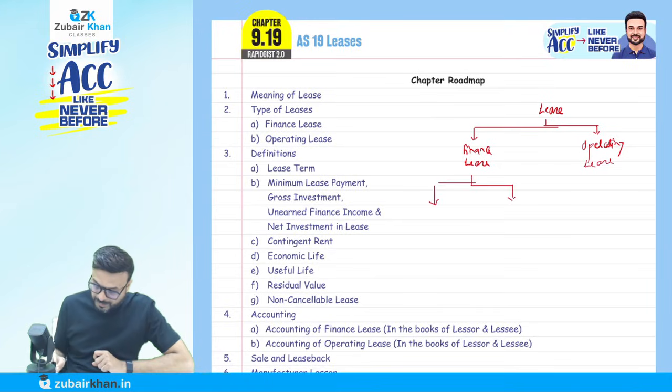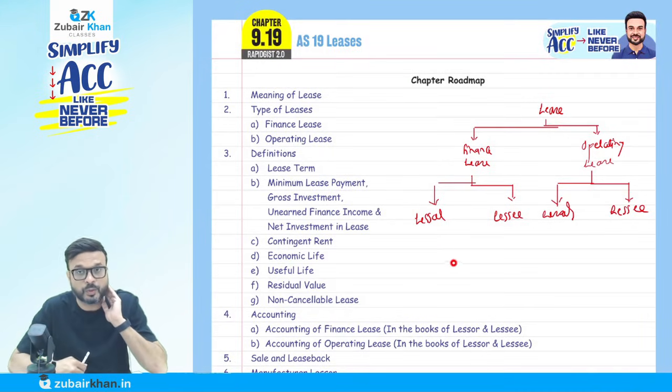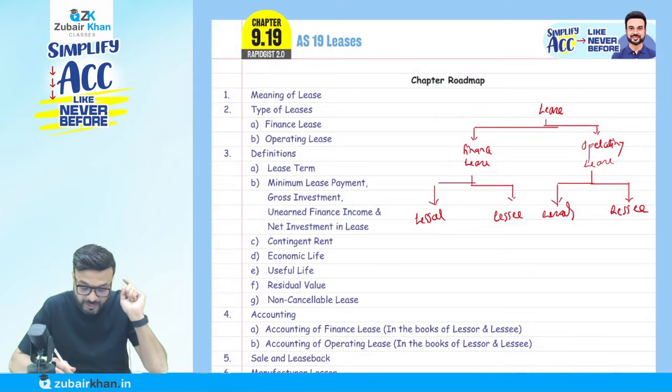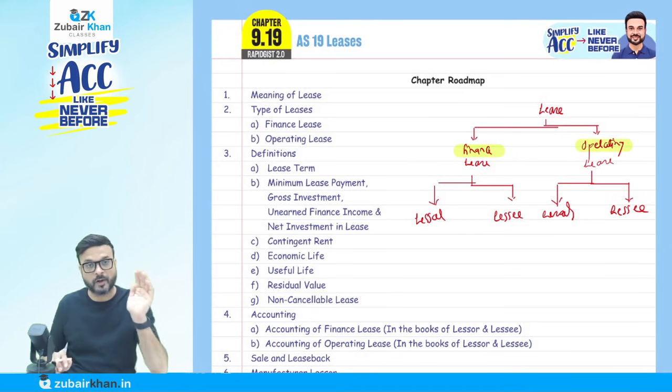Two parties, lessor and lessee. So before we come to the accounting part, how they are going to do the accounting in their books of account, it is important for us to understand what we mean by finance lease and what we mean by operating lease.